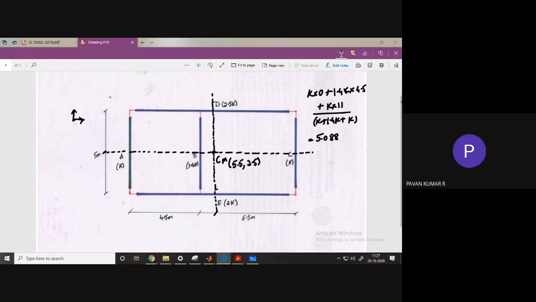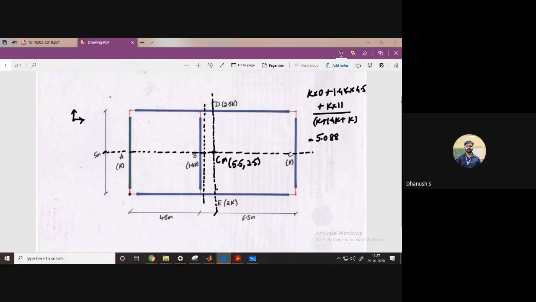Yes, sir. Okay. So along this direction, it is at a distance of 5.088 from this origin point. So if this is 5.5 and this is 4.5, we can assume that your 5.088 line is somewhere here. Correct? Yes, sir. You can draw a line here. So this is your 5.088 line.